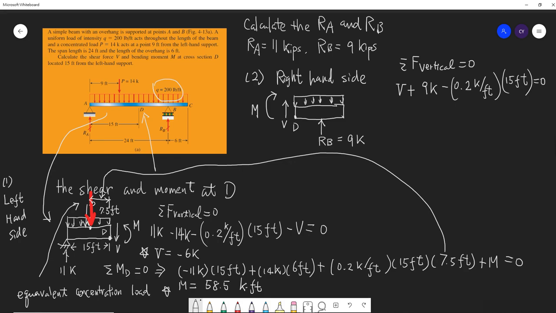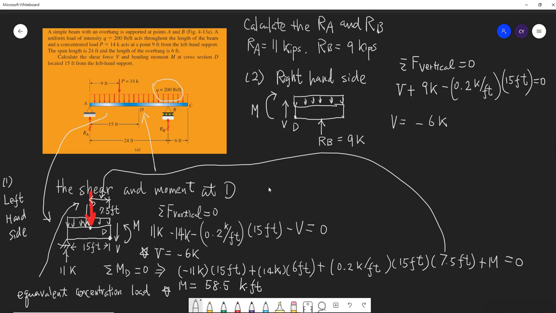So we can get the shear force equal to minus 6 kips.